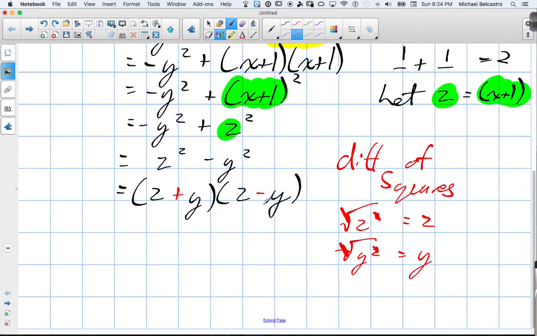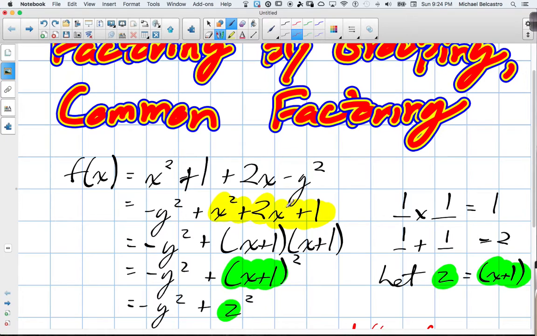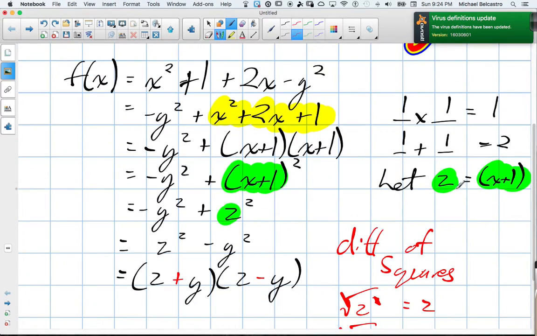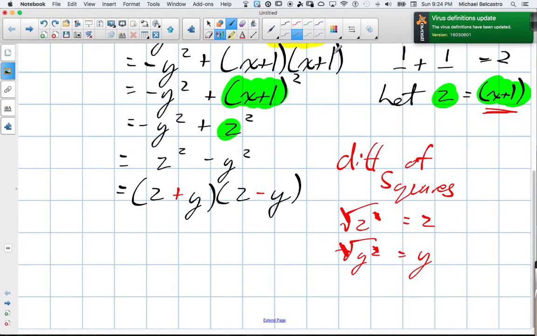The only problem here is the original question didn't have a letter z in it. In fact, it had reference to x. So we need to go through the process of replugging in x plus 1 for z. We're going to have to replace both the z's with x plus 1. So now, let's see if I have room here. It's going to read, and I'll write this part in red, x plus 1, that's where we replace the z, plus y.